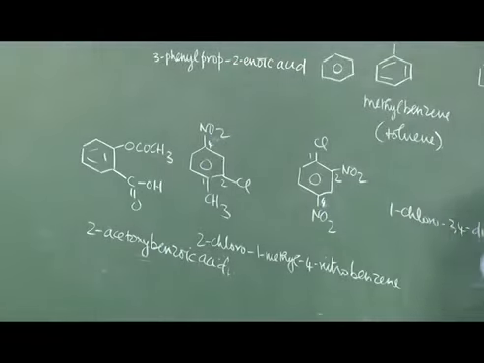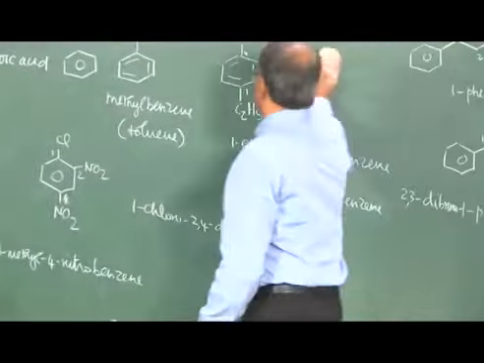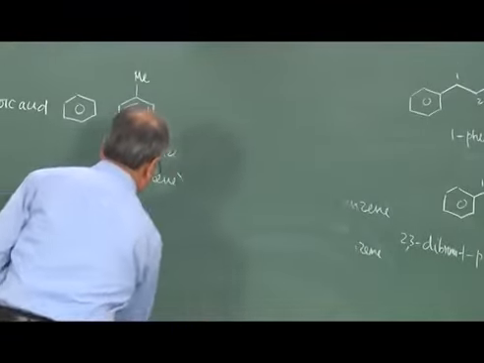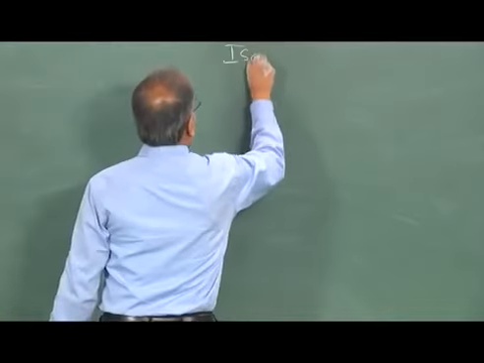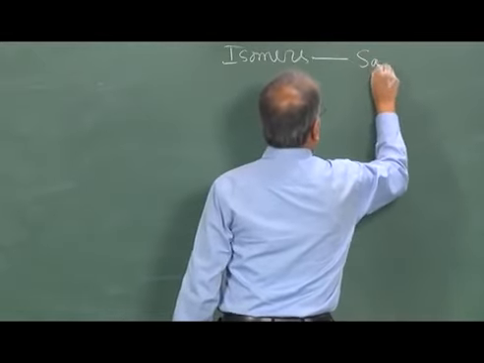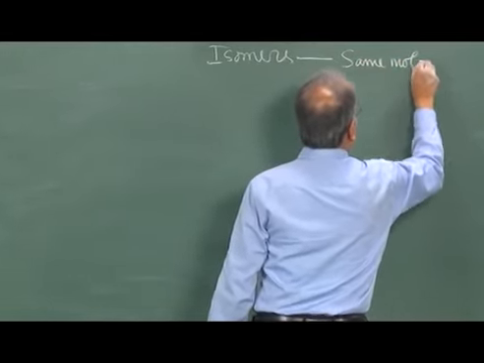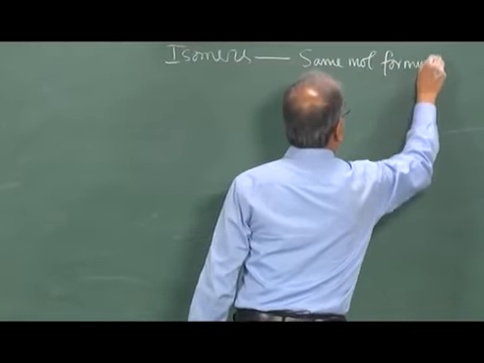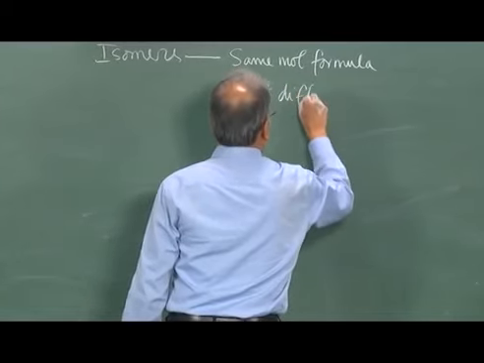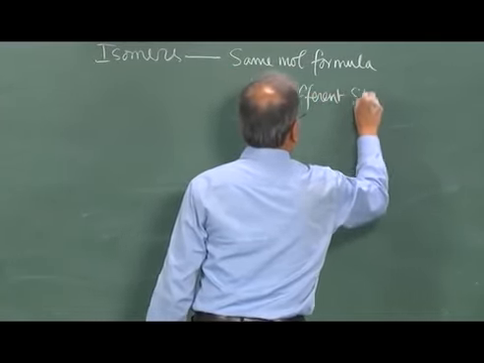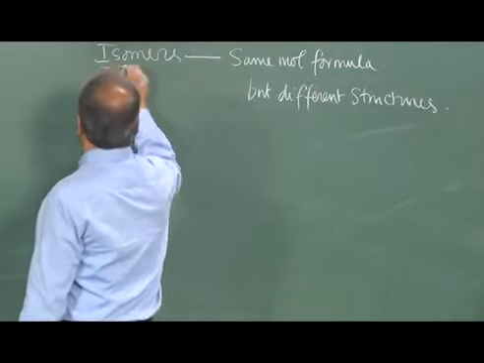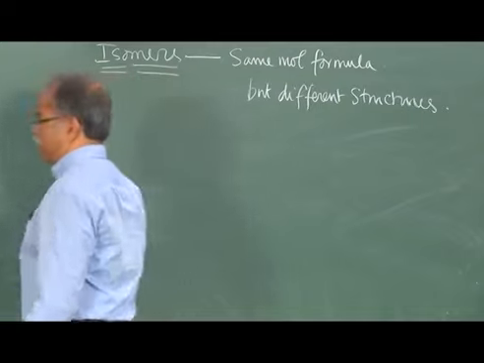Now, let us move on to the next topic, namely the isomerism of organic compounds. Isomers are compounds having the same molecular formula but different structures. Iso means same, mers means essentially the same building block is what is used.